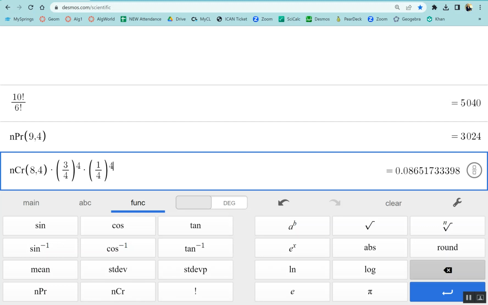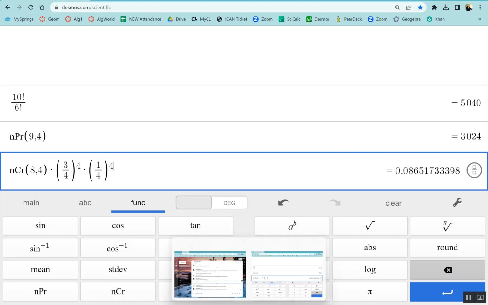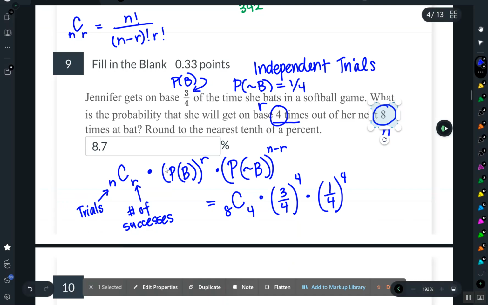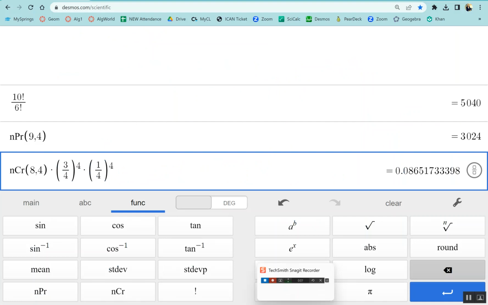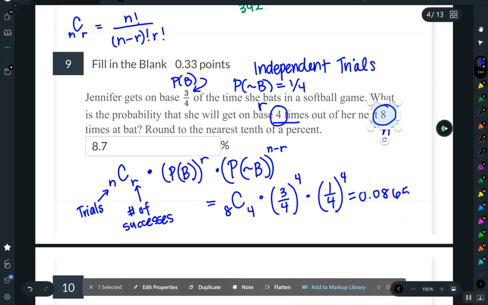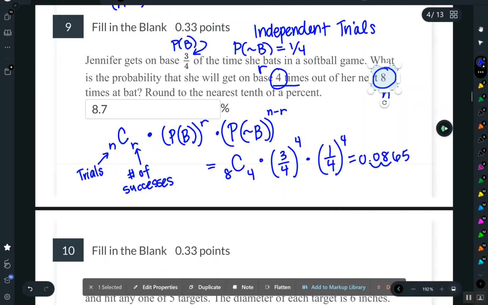But I can see that it's about 8.6%, 8.7% if I round it. Let's see, how do they want us to round it? Yes, to the 10th of a percent. It was 0.086, and the number after was 5. So you move the decimal to the right twice and round it to the nearest 10th of a percent, you get 8.7%.